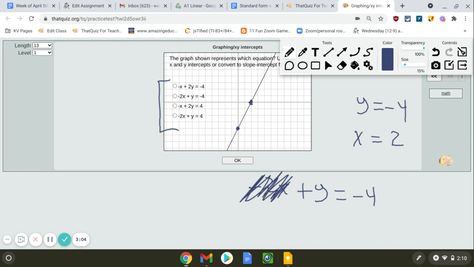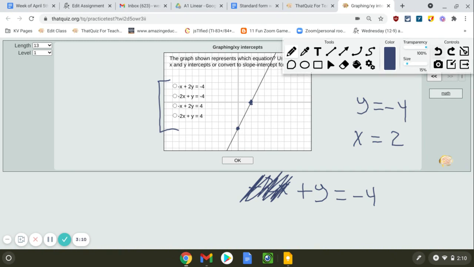And so I'm left with y equals negative 4. Check. That's what I was looking for. And then if I wanted to find my x-intercept, I would plug in 0 for my y right here. So negative 2x is equal to negative 4. And that would be x is equal to 2, which matches what I was looking for.